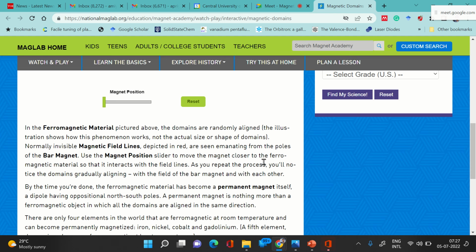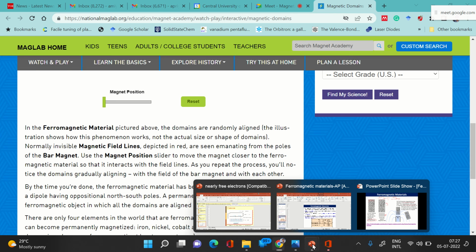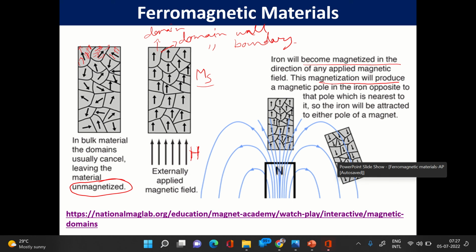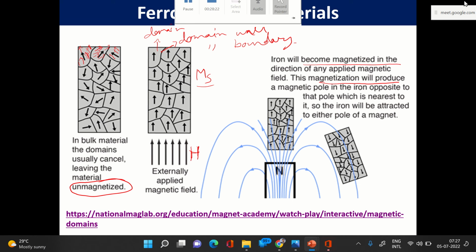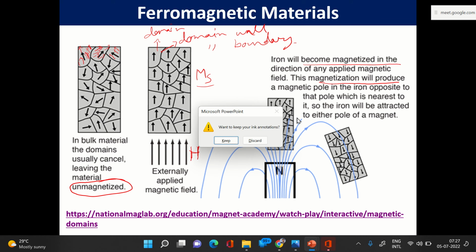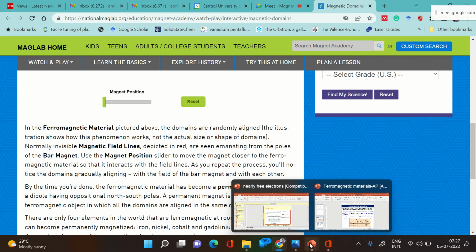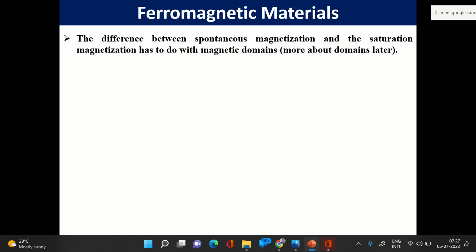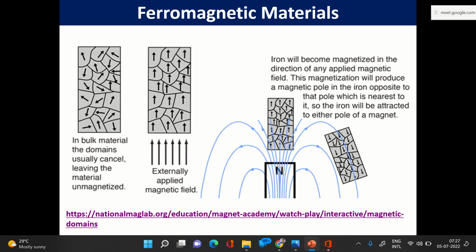Going back to the ferromagnetic material. That was the point.